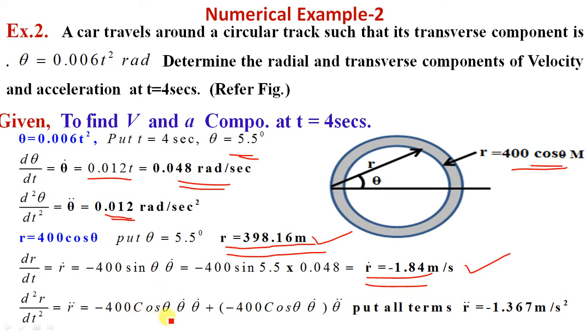Here we have used the u into v formula: minus cos θ, θ dot, and the derivative of the second is θ double dot. So for the derivative of u into v, first we take the derivative of u while v is constant, and second we keep u as it is and take the derivative of v.